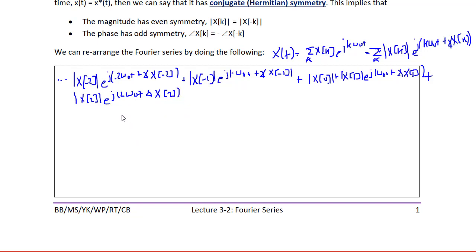So now, since we know that x of k obeys Hermitian symmetry, I can replace my magnitudes x of negative 2 and x of negative 1 with magnitude x of 2 and magnitude x of 1. And I can replace my angle x of negative 2 with negative angle x of 2 and my angle x of negative 1 with negative angle x of 1.